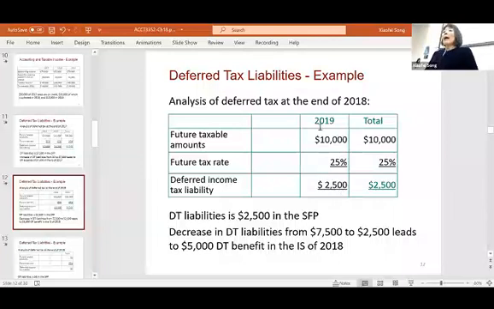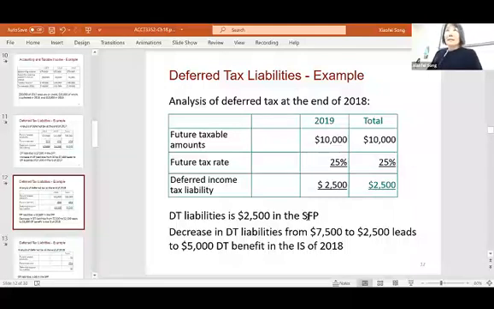So therefore, as of December 31st, 2018, the deferred tax liability should be 2,500. Okay? Yes. And so deferred tax liability is 2,500 in the statement of financial position.